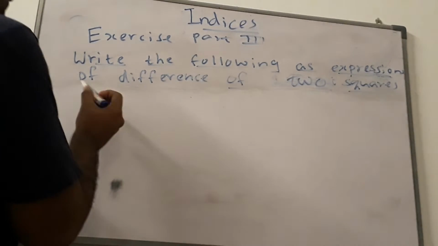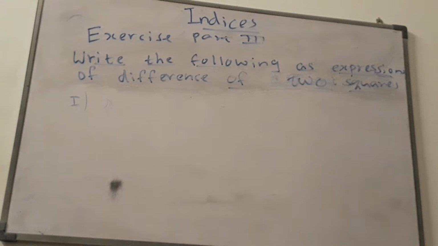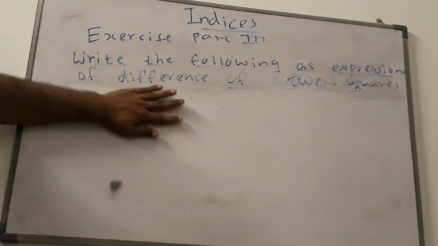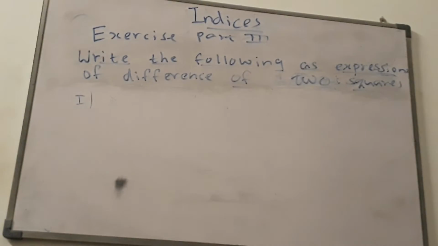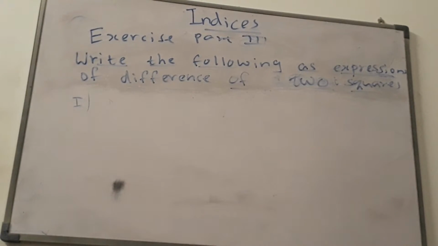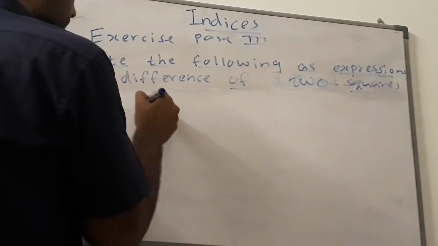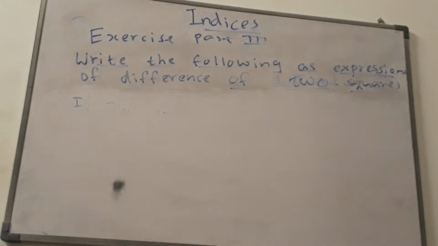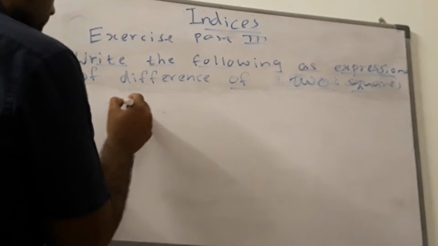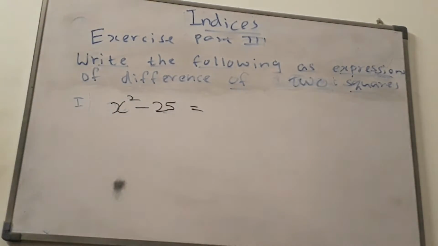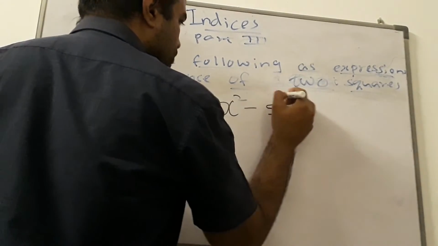Our first sum is x squared minus 25. X squared is x squared. 25 can be written like 5 squared.